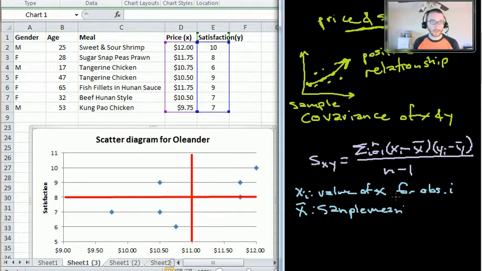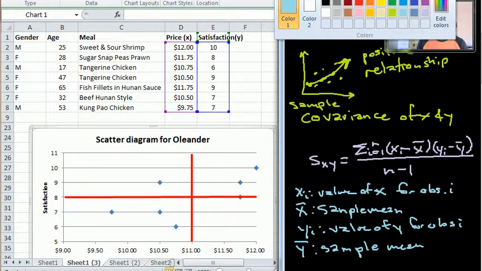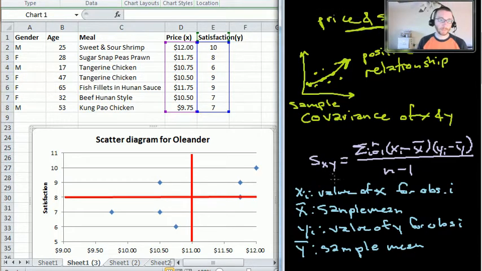That's the sample mean. yi is the value of y for observation i. And then y bar is also a sample mean, and this is where we have a little bit of a problem. Not a huge problem, but if we want to be precise and specific, we don't want to call these both sample means. We want x bar to be the sample mean value of x, and y bar to be the sample mean value of y.